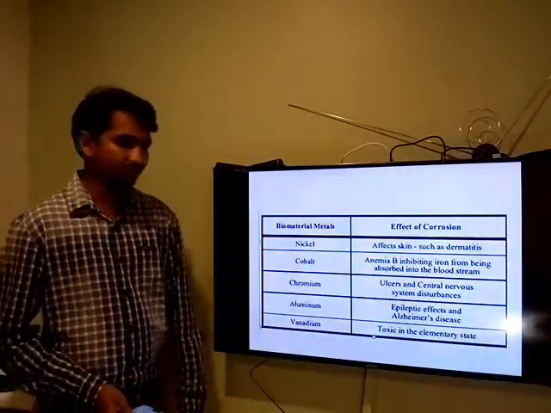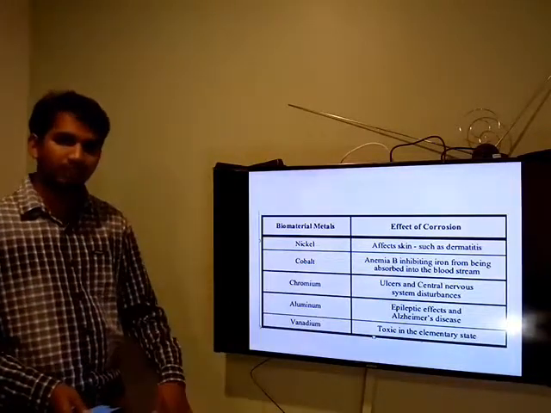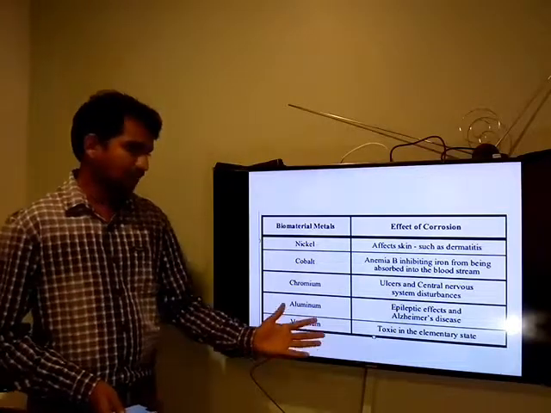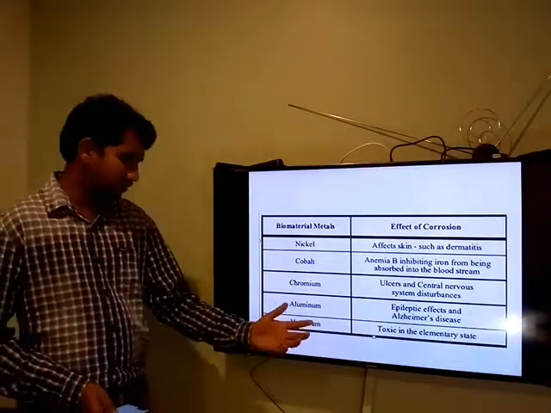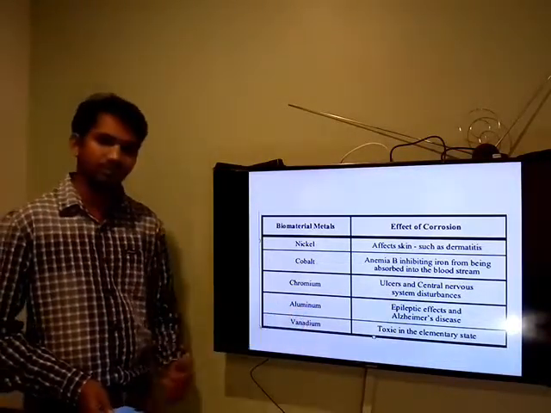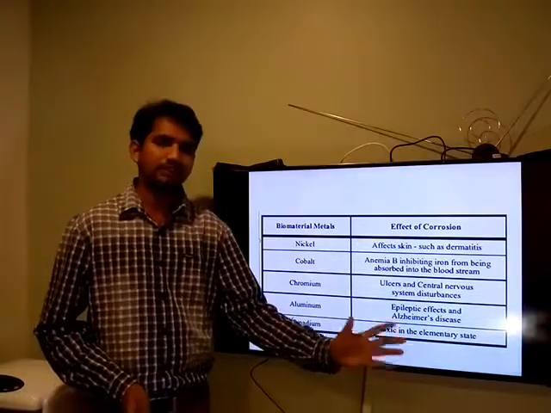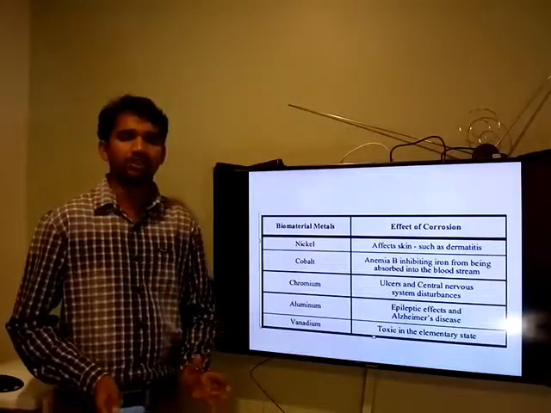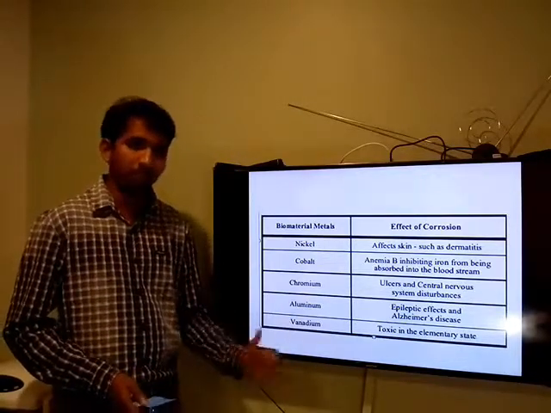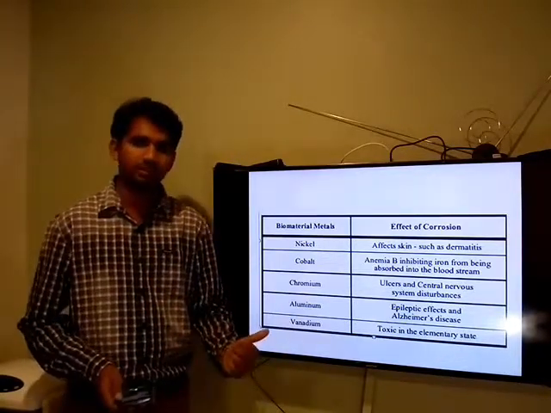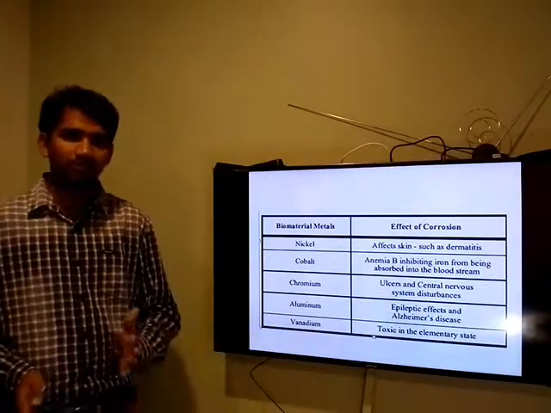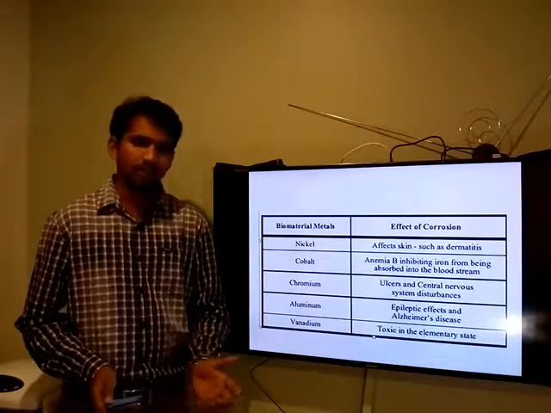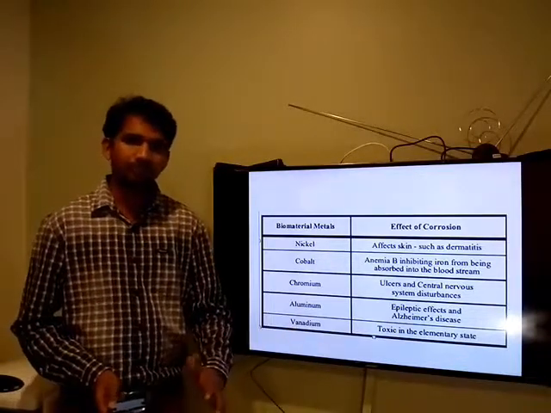These are some elements we are using in bioimplants: nickel, cobalt, chromium, aluminum, and vanadium. As I showed you earlier, the titanium alloy contains aluminum and vanadium. Vanadium is very toxic in its elemental form. However, we are not using vanadium in elemental form in this alloy, but due to corrosion there are chances that vanadium may become elemental, and it will have an adverse effect on the body.